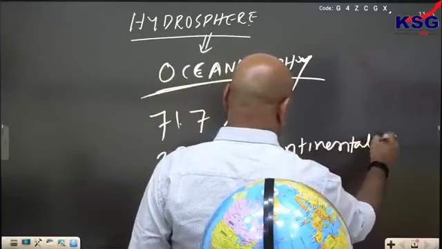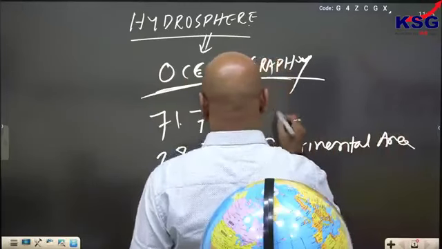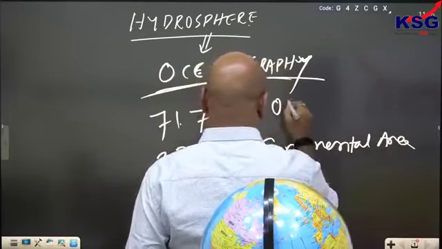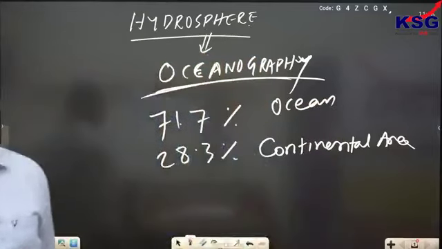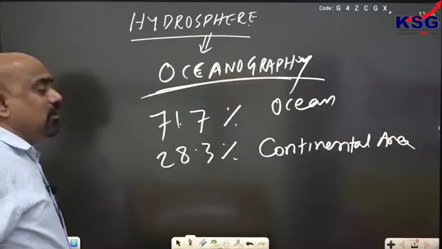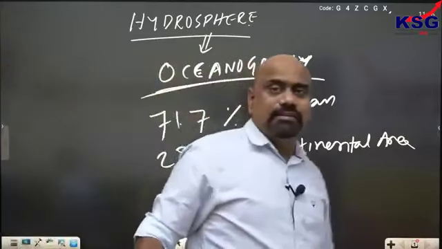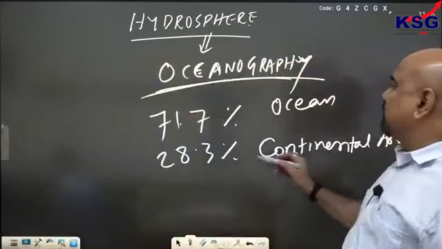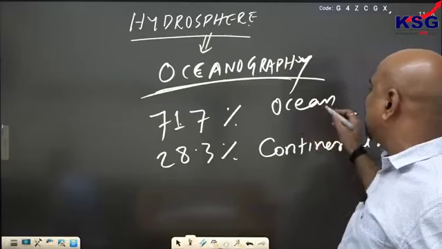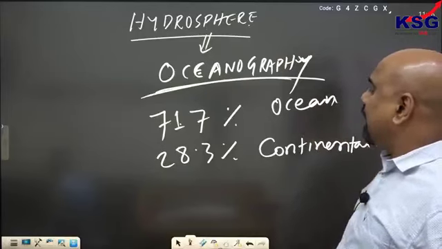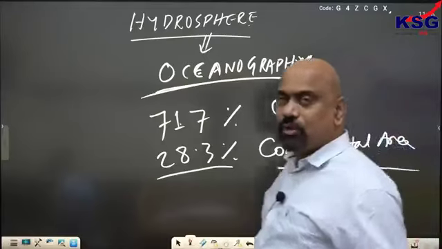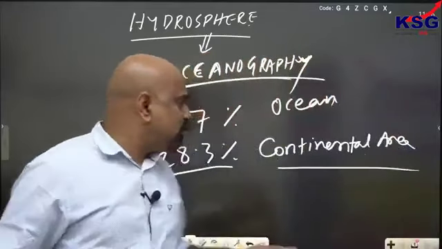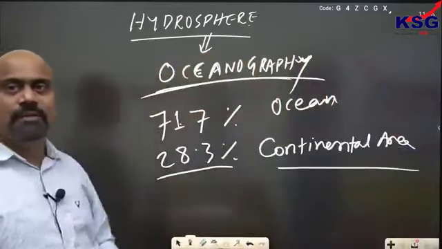So 71.7% is oceanic area and 28.3% is continental area.